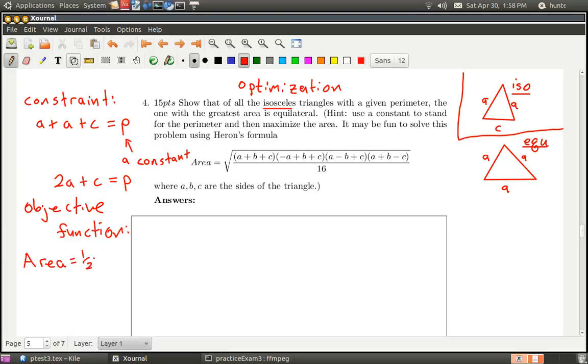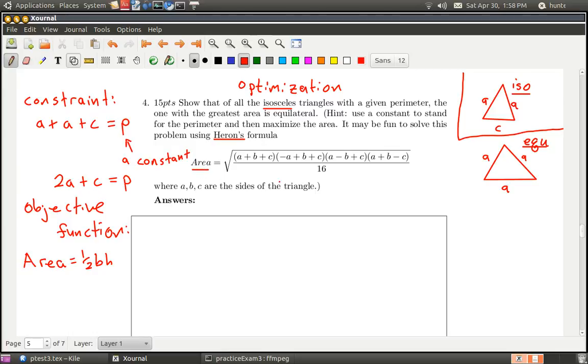We could do 1/2 base times height, or there's something also that involves the sine function. But I picked this awesome thing kind of just because I wanted to use it, but also because it's really practical for this situation. It turns out that there's a formula for finding the area of a triangle just from its sides. Okay, so this is called Heron's formula.